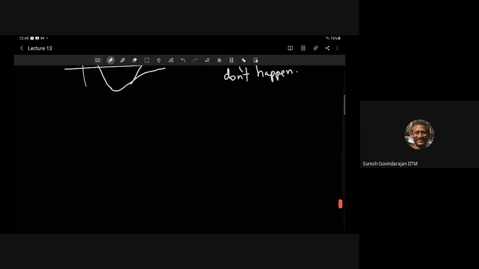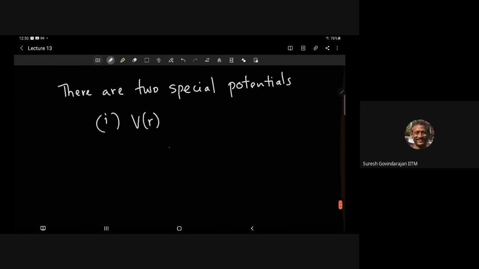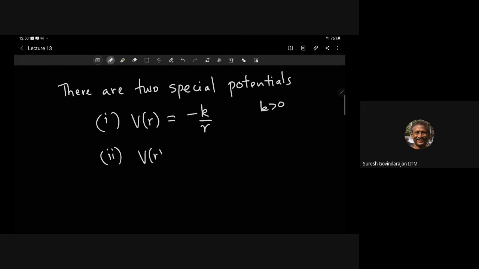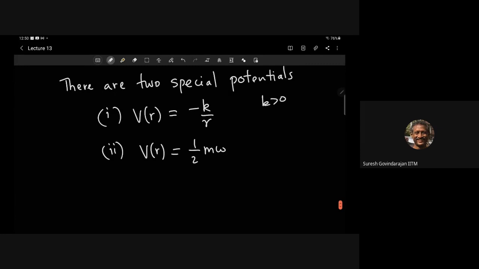But there are two special potentials. The first one is V of r, which is an attractive 1 by r potential with k some positive constant. The second one is the oscillator potential.